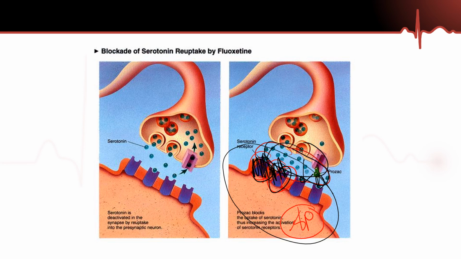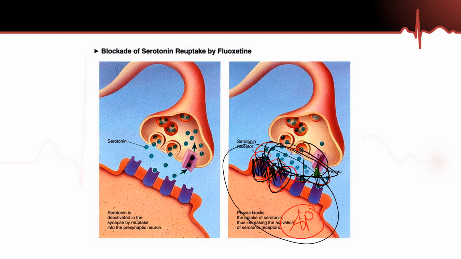So to resolve that, the cell reduces the number of receptors that it has, which drives down the magnitude of effect that the chemical messenger can have. And now the neuron views it as being back in a state of equilibrium. But for somebody with depression, that's not a state of equilibrium. They just are going to feel depressed again.